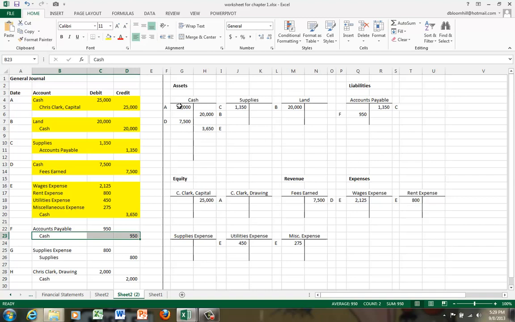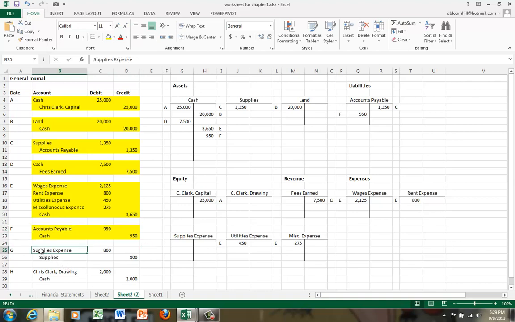So we follow those instructions. We go to the cash T, $950 on the credit side. Note that that comes from transaction F. We have now completed transaction F, both sides, so I'm going to tick that off.